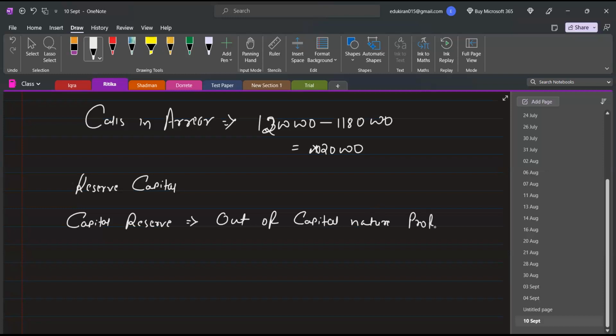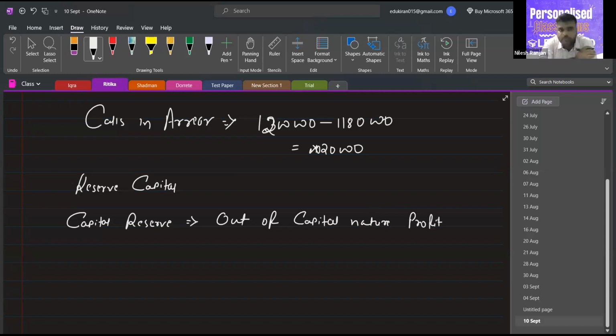Sir, just a minute. So will this come in the notes to accounts part and balance sheet? Reserve capital? Yes, reserve capital and capital reserve. No, capital reserve can be shown under reserve and surplus.